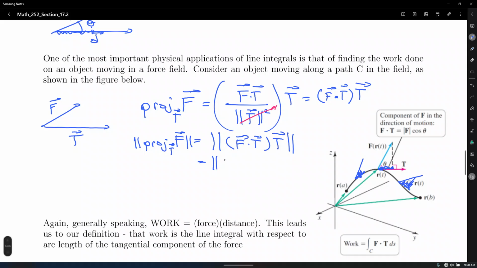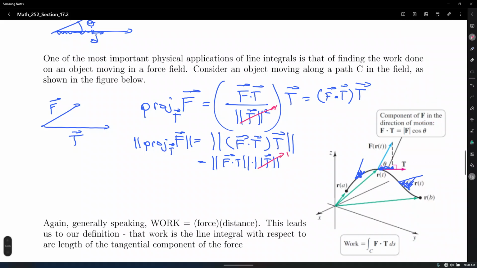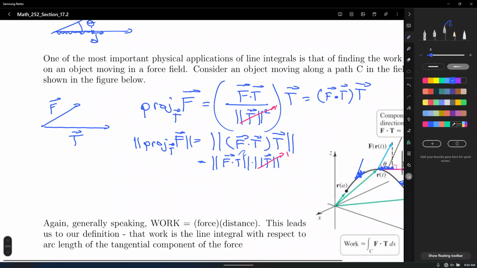So that's the magnitude of F dotted with T, times the magnitude of T. In this case, what is the magnitude of T? 1, right? And what is the magnitude of F dotted with T? Isn't that just F dotted with T? That's all it is.